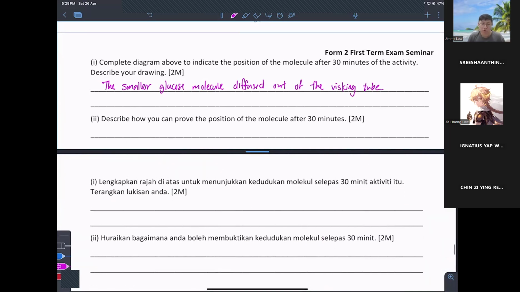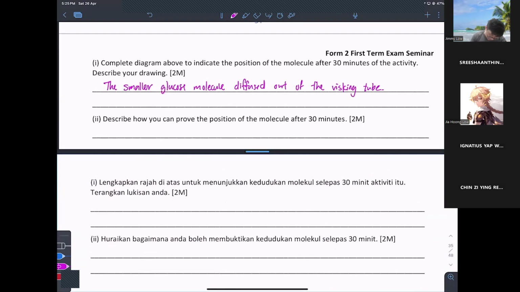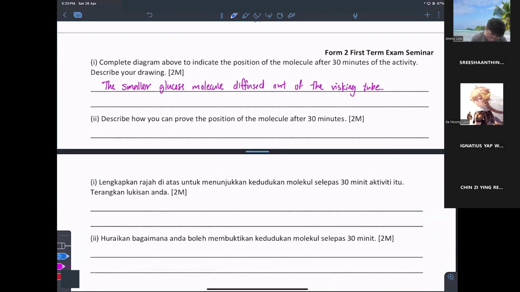Glucose yang lebih kecil, the keyword in BM is akan meresap. Diffuse means pass through. So the smaller glucose molecule yang lebih kecil dalam glukosa akan meresap keluar dari tube whisking. So just mention something in this way.